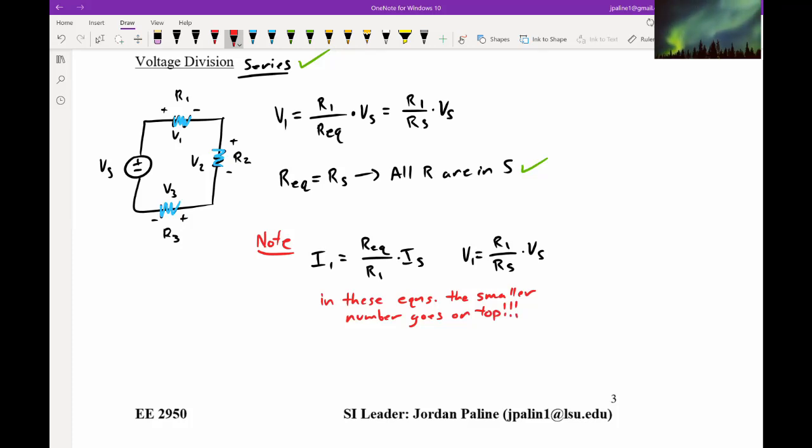Okay, so that means here for this one, R equivalent is less than R1, and over here, R of S, or I call it R of S, you can call it R equivalent, R equivalent is greater than R1. Big old red box around that.